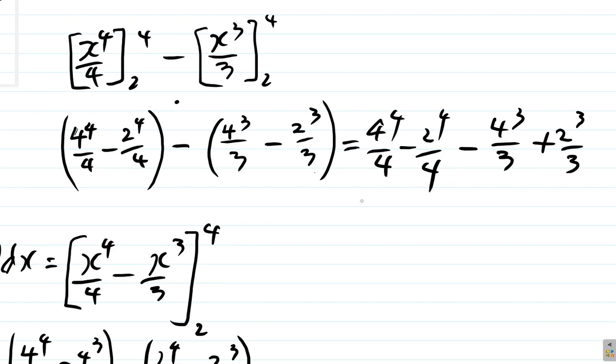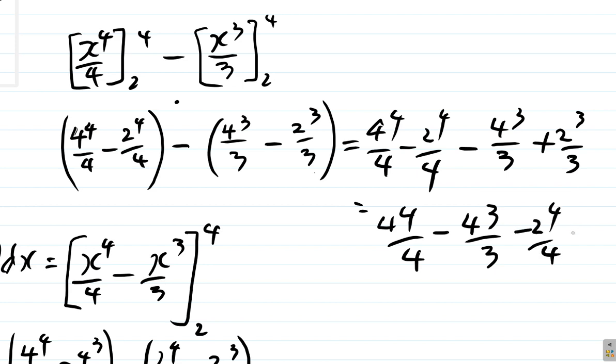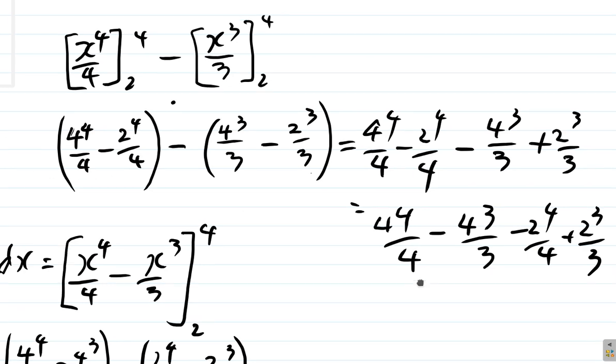So that's what we would have. So we could just open the brackets like this, and we'd have 4 to the 4 over 4 minus, let's put the 4's together, 4 to the 3 over 3, and minus 2 to the 4 over 4 plus 2 to the 3 over 3, right?